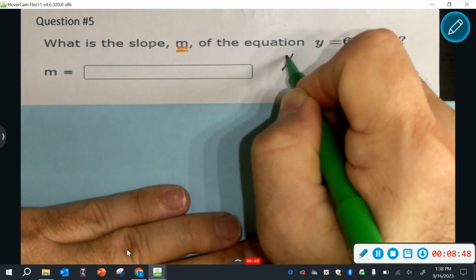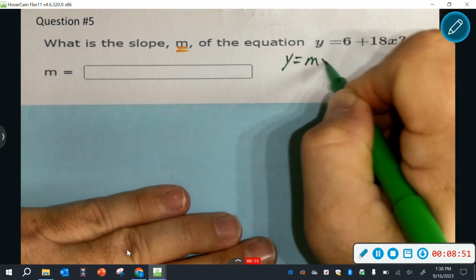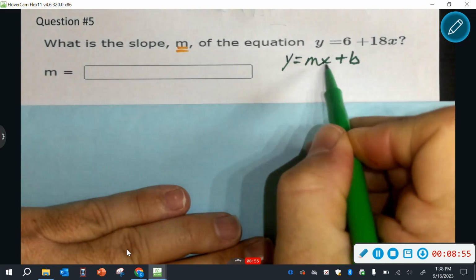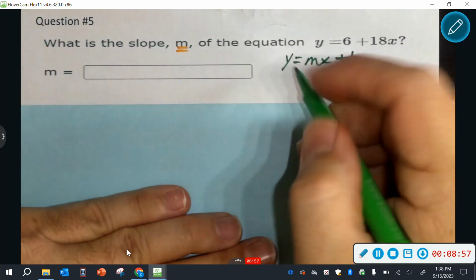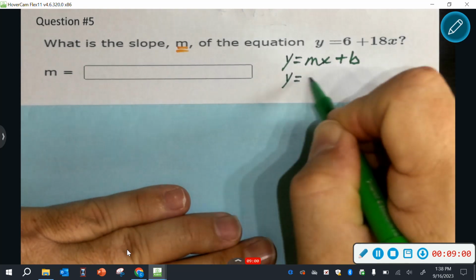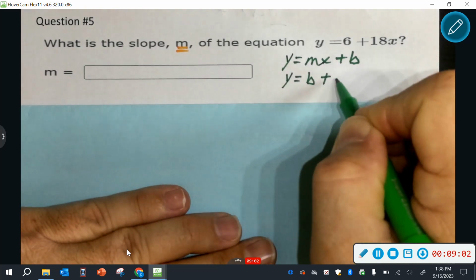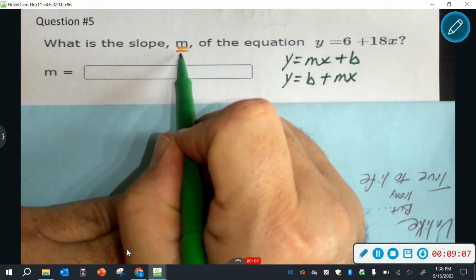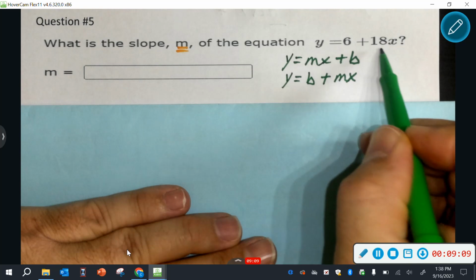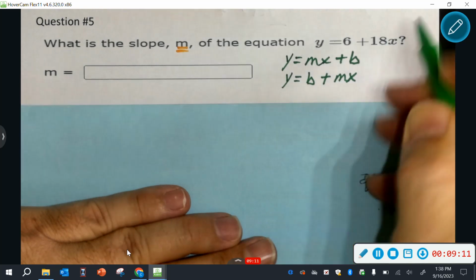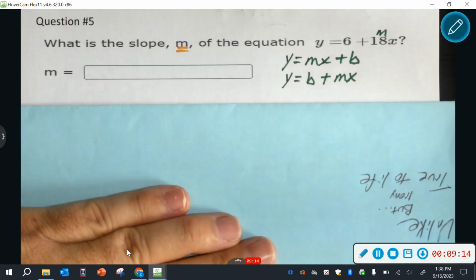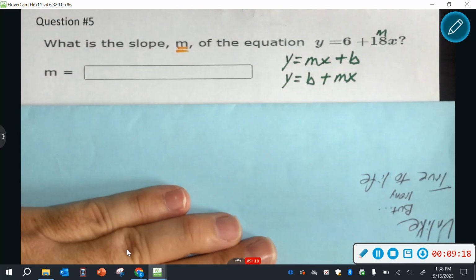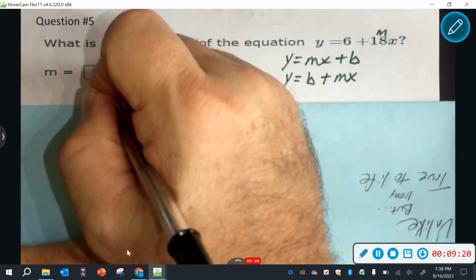So slope-intercept form, we can write it like this, y equals mx plus b, where slope is your m, notice it's in front of your x, or we can write it like this, y is equal to b plus mx. So when all they want is the slope, and they give you the equation, you just have to write what the slope is, which is just the number in front of the x. Okay, this is also called the coefficient of x. So our answer here is just going to be 18.